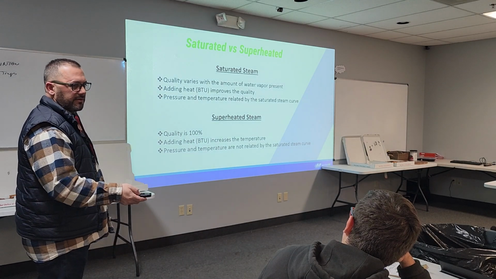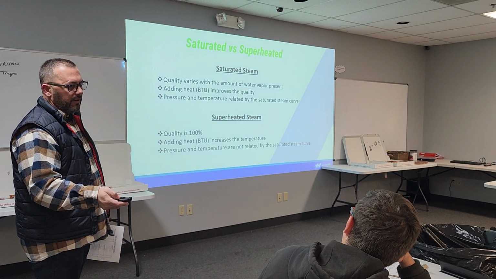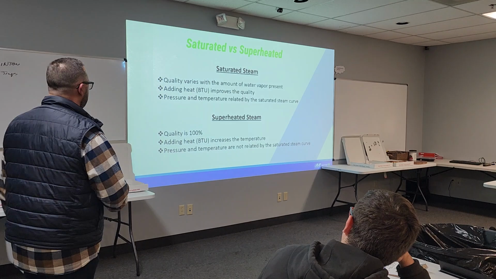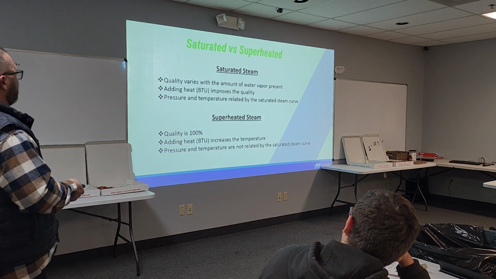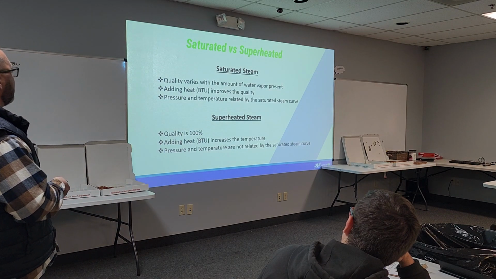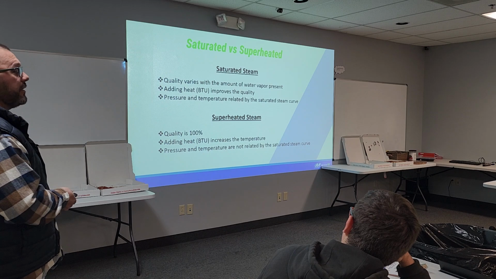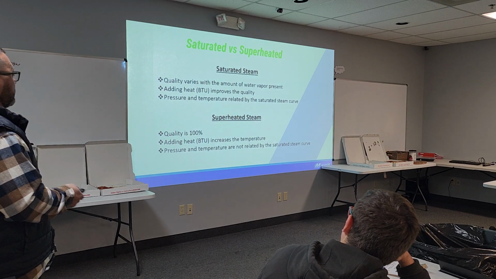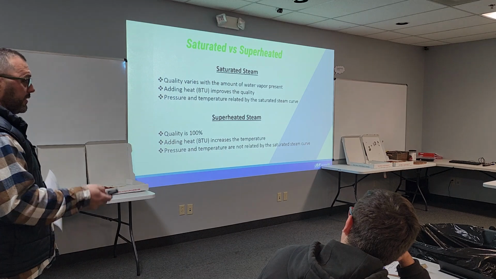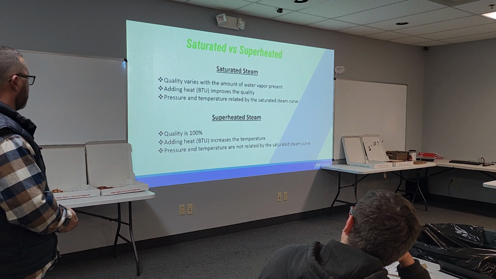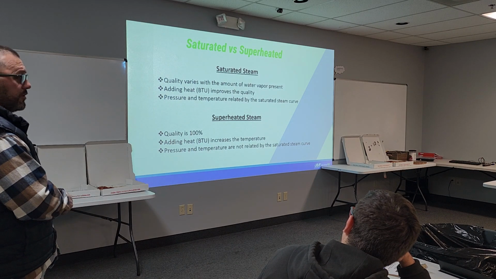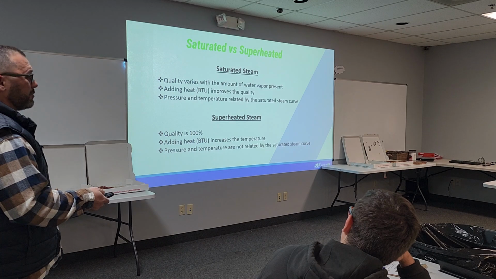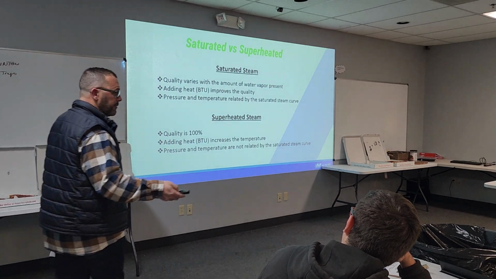Actually, those turbines don't like even a drop of water, right? So the big difference between saturated and superheat is that superheat is 100% dry, and we're just elevating the temperature, not at any given pressure, and there's no longer a corresponding pressure and temperature curve.